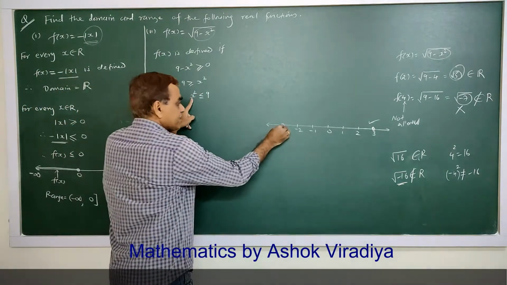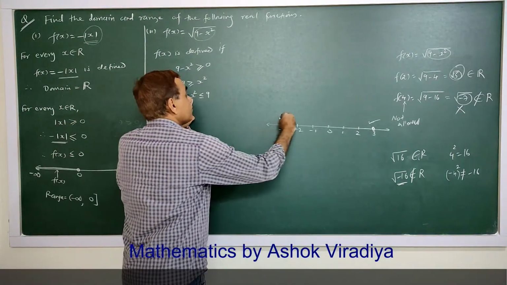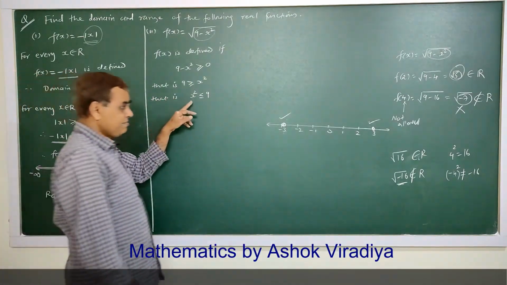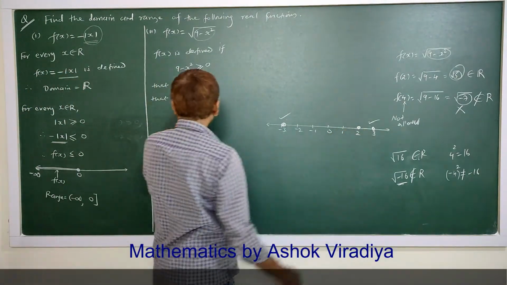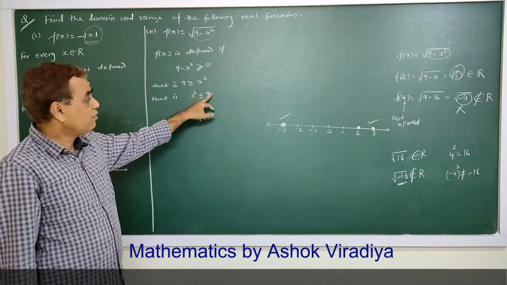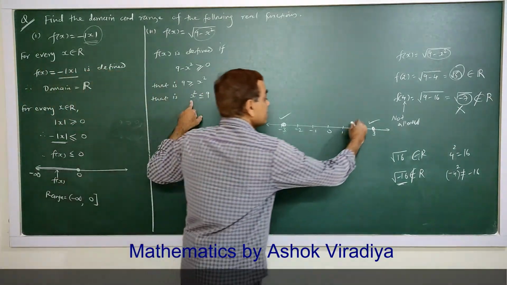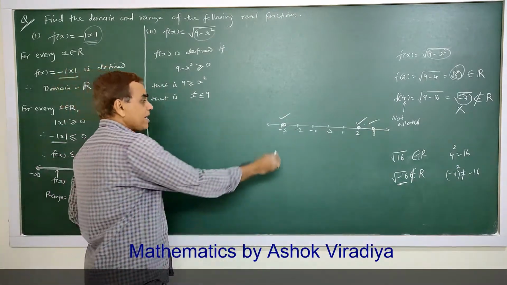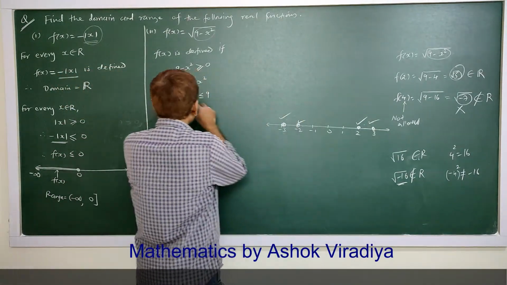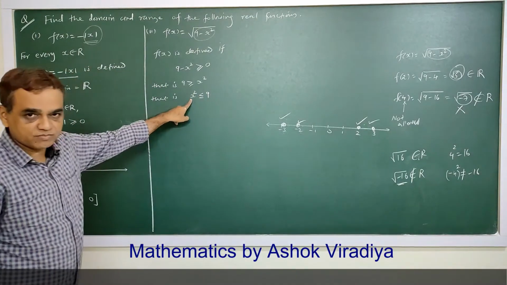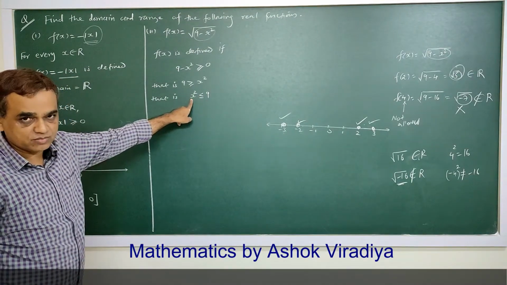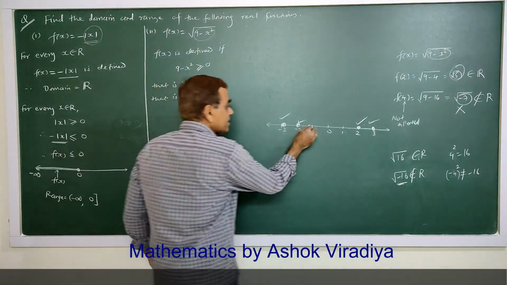If you take minus 3, minus 3 square is also 9, so this is also allowed. If you take 2, 2 square equal to 4, 4 is less than 9, so true. If you take minus 2, minus 2 square is 4, 4 is less than 9, so it is also allowed. All these numbers can be taken.